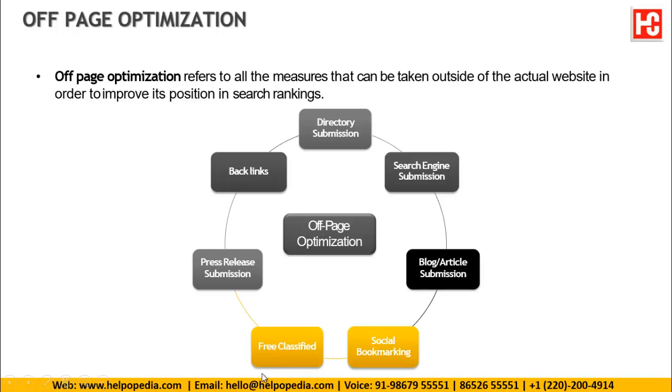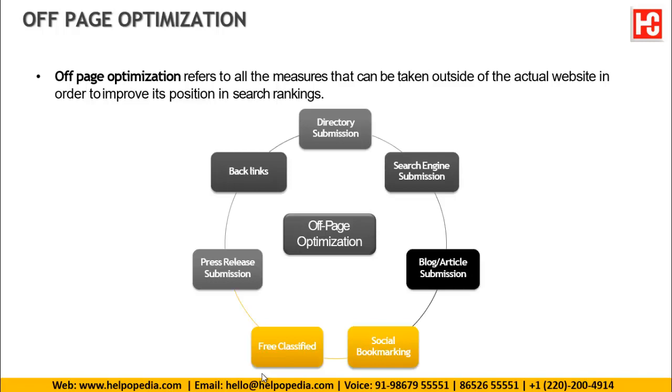We add our content there and we add the link. Then we add it in press releases, blog submissions, directory submissions. There are various methods of off-page optimization, but let us first study on-page optimization.